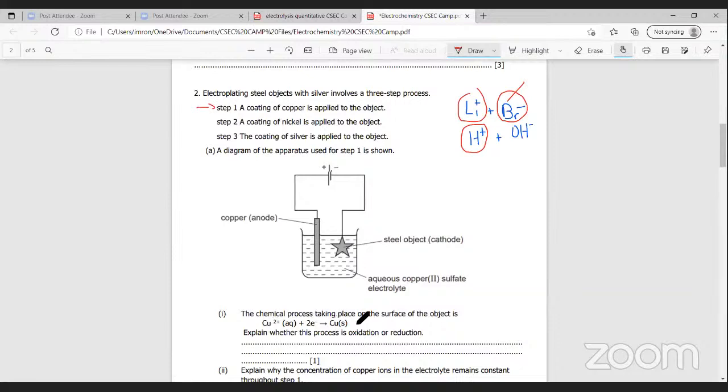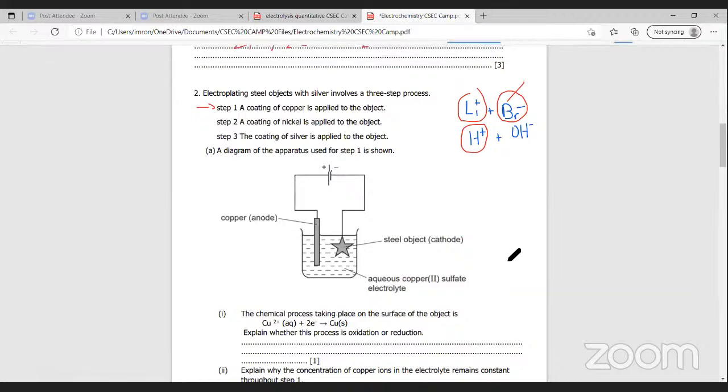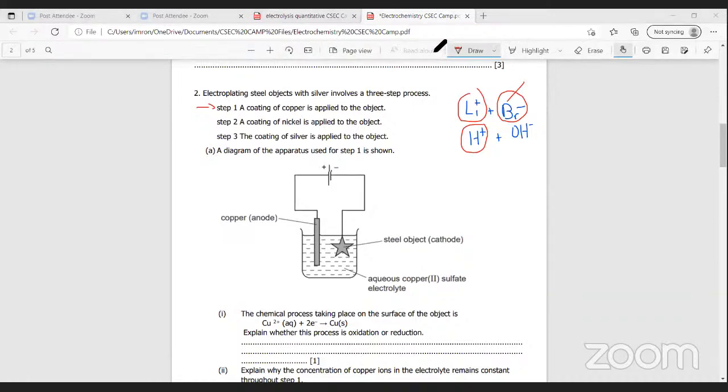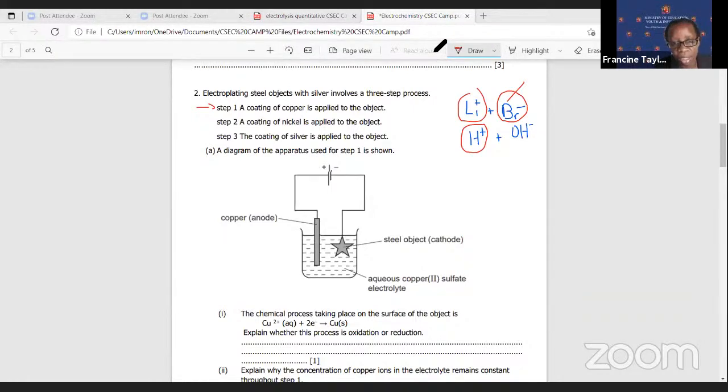It says the chemical process taking place at the surface of the object is this. Explain whether this process is oxidation or reduction. We just did it a while ago. What are you saying in the chat? Okay, I see one answer, reduction.